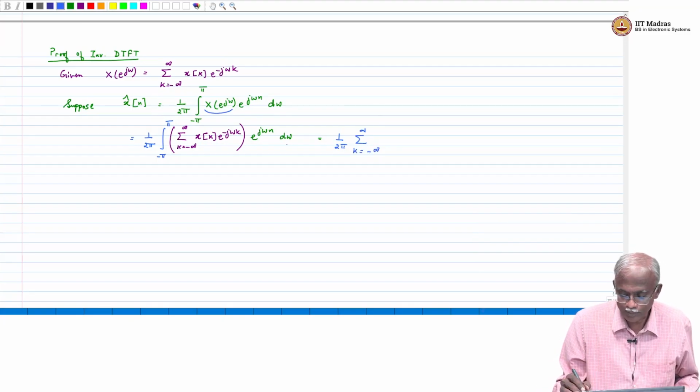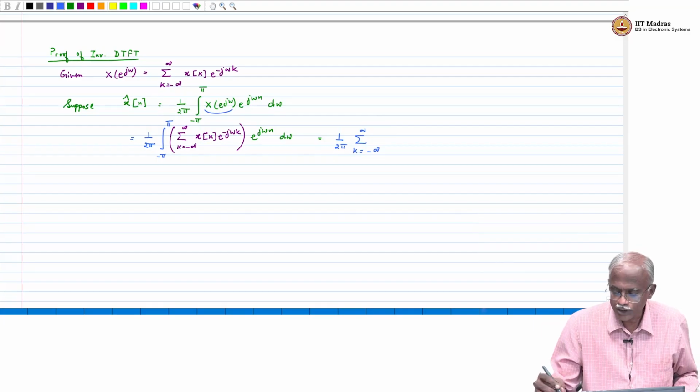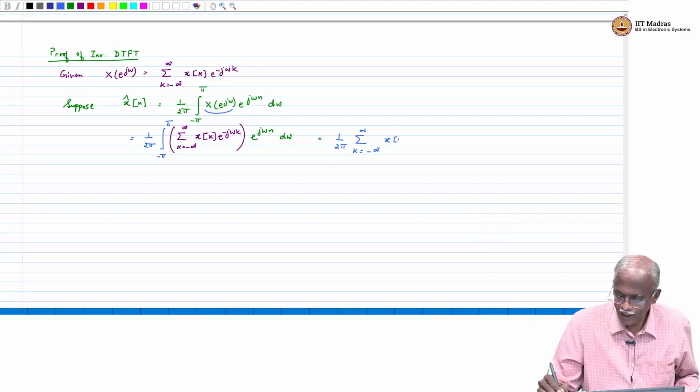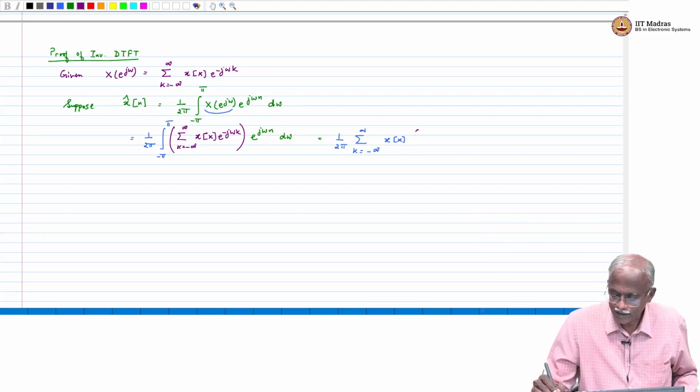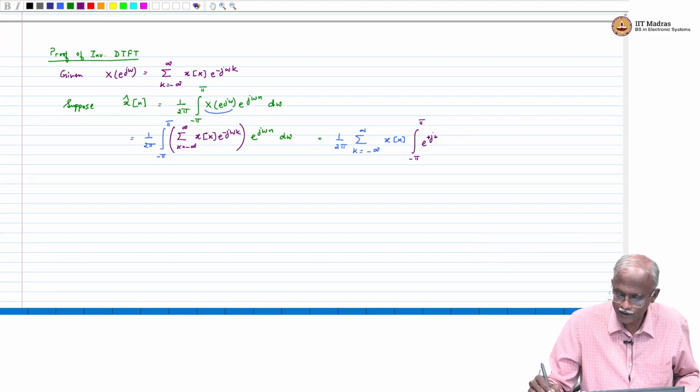The integral is with respect to omega, so the x of k can come outside the integral. So you have x of k followed by the integral. The integral is minus pi to pi e power minus j, or you can take it as e power plus j omega n minus k d omega.